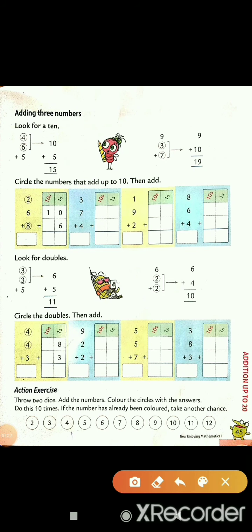Students, now let us learn adding three numbers. Here there are methods like look for a 10, look for doubles. Let us start with this method, look for a 10. Students, let us understand this through an example. 4, 6 and 5.